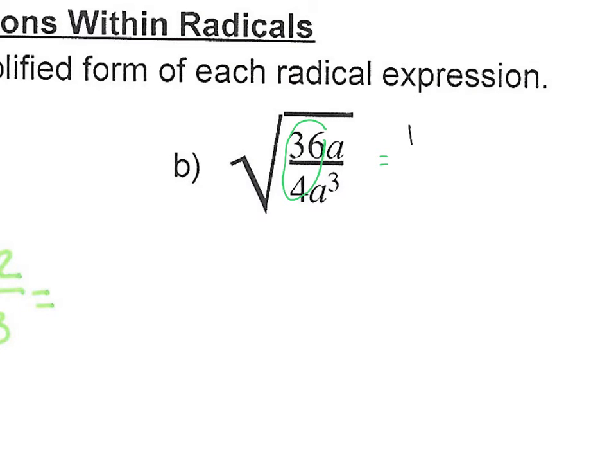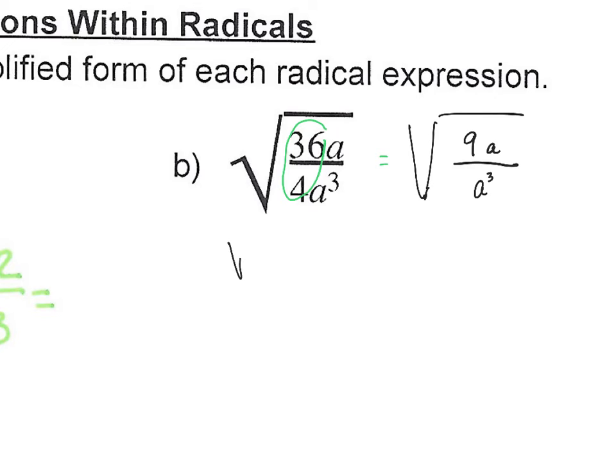So I could rewrite that as the square root of 36 divided by 4 is going to be 9a over a to the third. So I've simplified my numbers now just to make it a little bit easier on me.